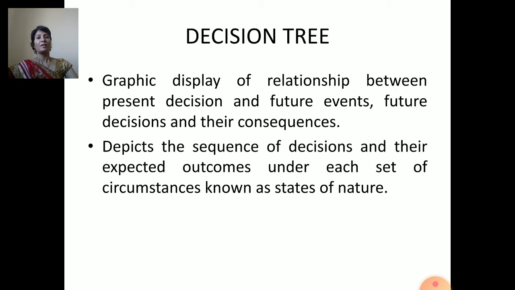Hence the name decision tree. It depicts the sequence of decisions and their expected outcomes under each set of circumstances known as states of nature. The basic advantage of a tree diagram is that another act subsequent to the happening of each event may also be represented.